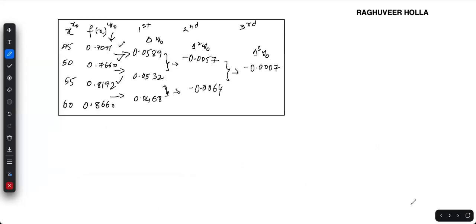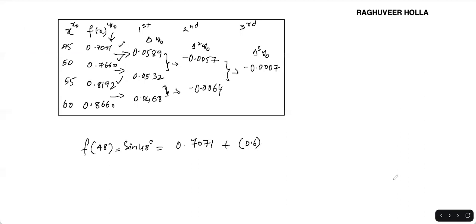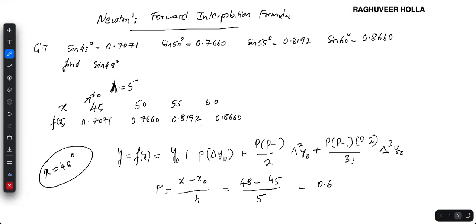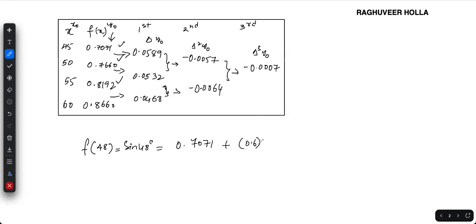So f of 48 degrees, which is nothing but sine 48 degrees, is y naught plus 0.6, which we found just now, the p value, substituting here into delta y naught, 0.0589, plus and so on.